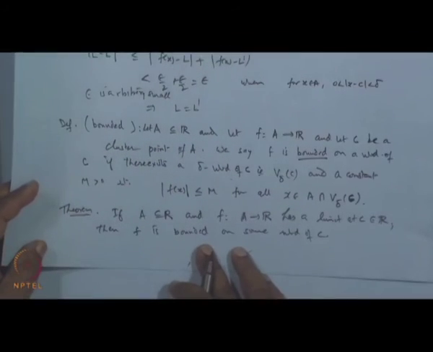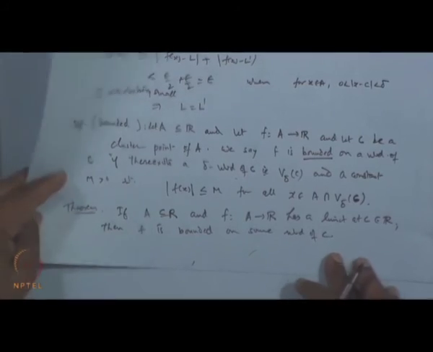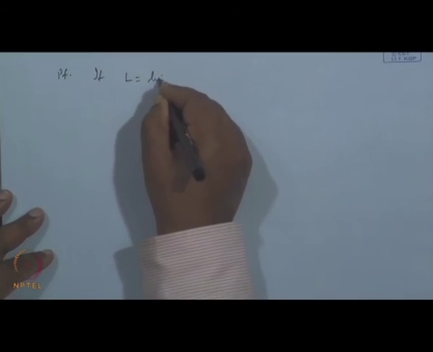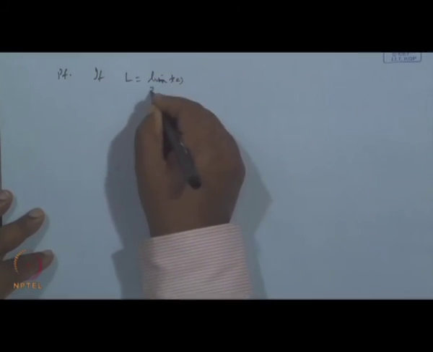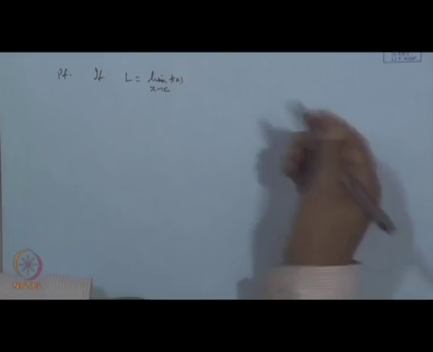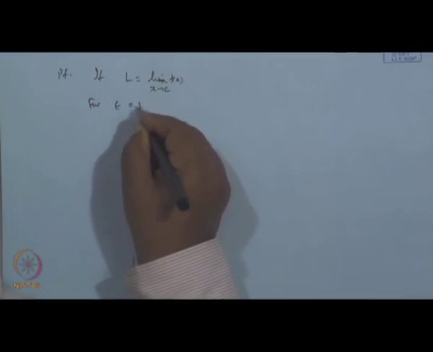If the limit of the function f exists, then f must be bounded in some neighborhood of c. So, let L be the limit of f x when x tends to c; this is given. By definition, for a given epsilon, I choose epsilon to be 1.